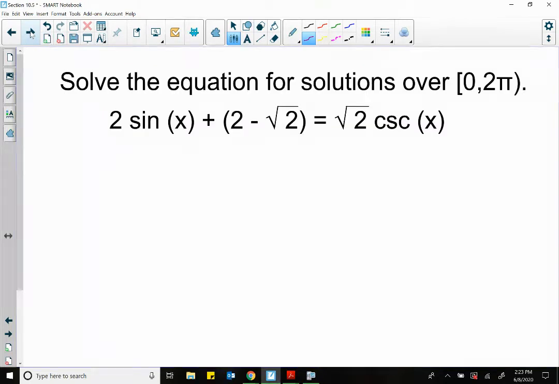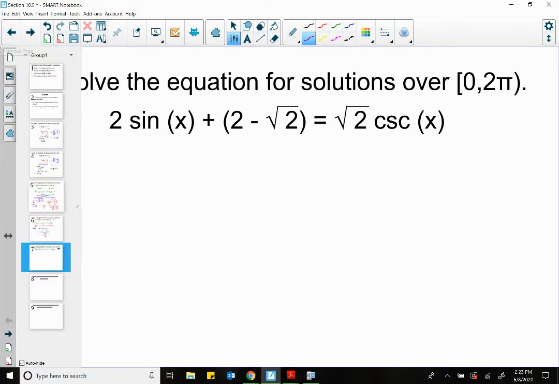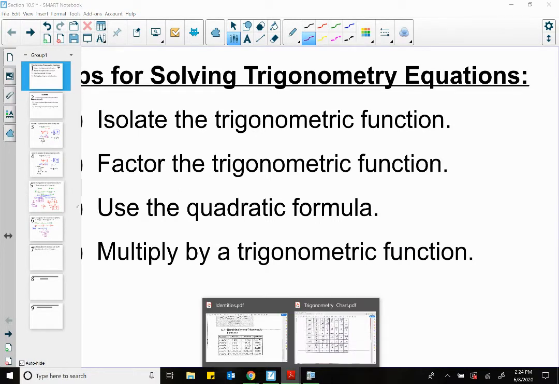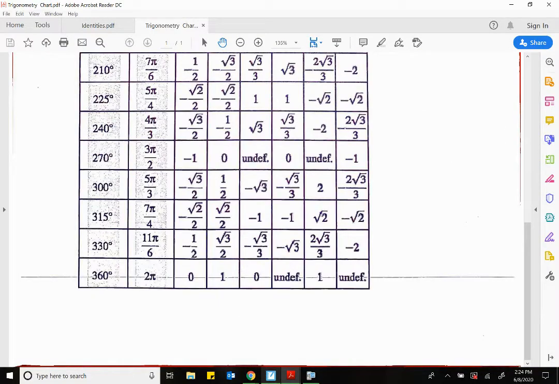All right. So let's talk about this one. This is where we're going to use that feature I talked about back at the beginning. Sometimes we need to multiply by a trig function. Because this will help us introduce squaring, but also it's going to help us do something else.